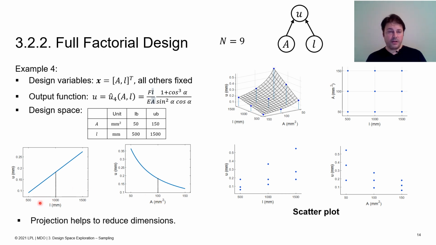Or in turn, you lose the information about all those functions for different values of the cross-sectional area A. In the scatter plot, this information is still included. So that is helpful, and we will be using that for more complicated examples.